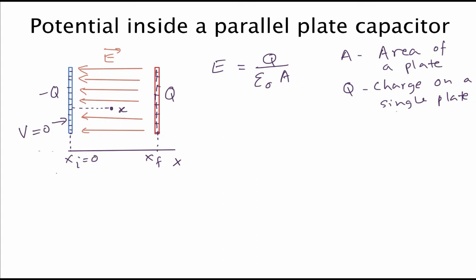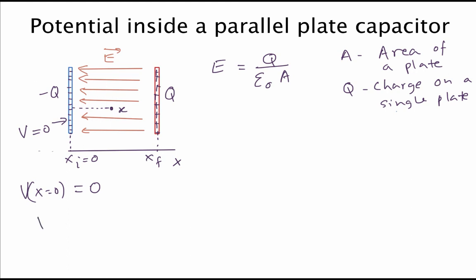Let us write down: at x equal to 0, we assign the potential to be 0. That is my reference potential. With reference to 0 potential, I can evaluate the potential at x.